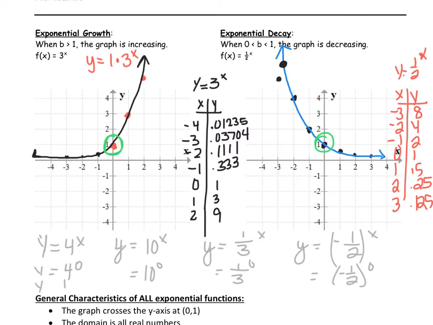So that concludes that y value will always be 1. So y equals 1 for each one of these, no matter what. No matter what the base will be, I'm always going to have an x value of 0 with a y value of 1. So 0, 1 will be on any exponential growth or decay graph. Okay, it's very important.